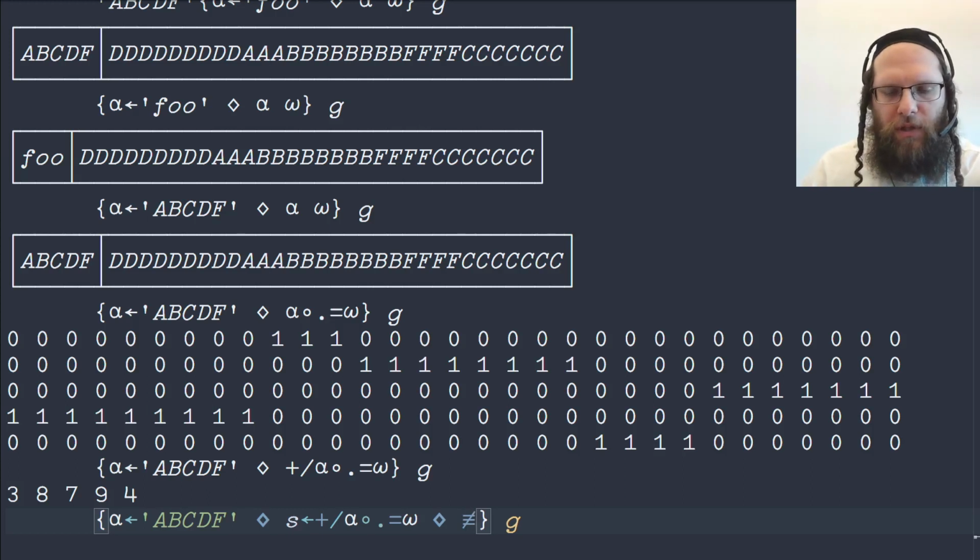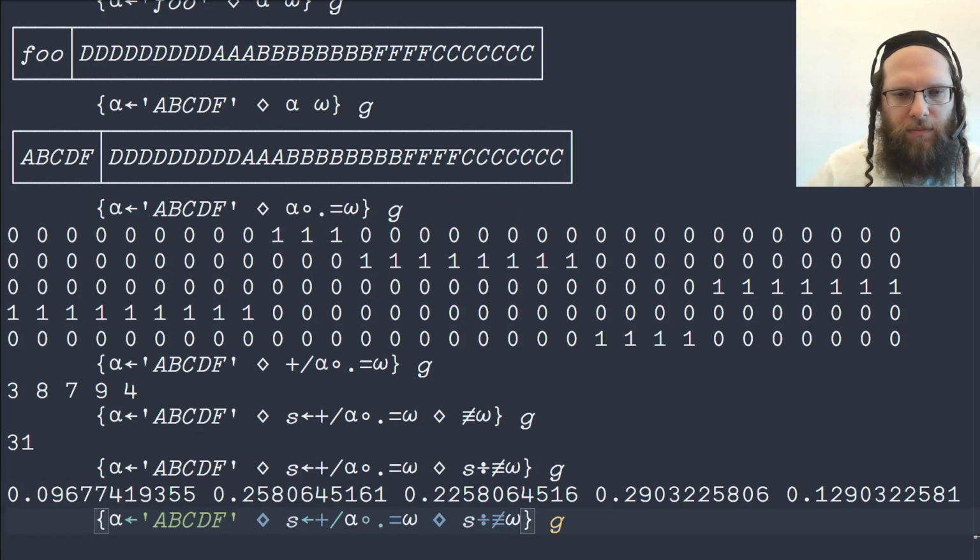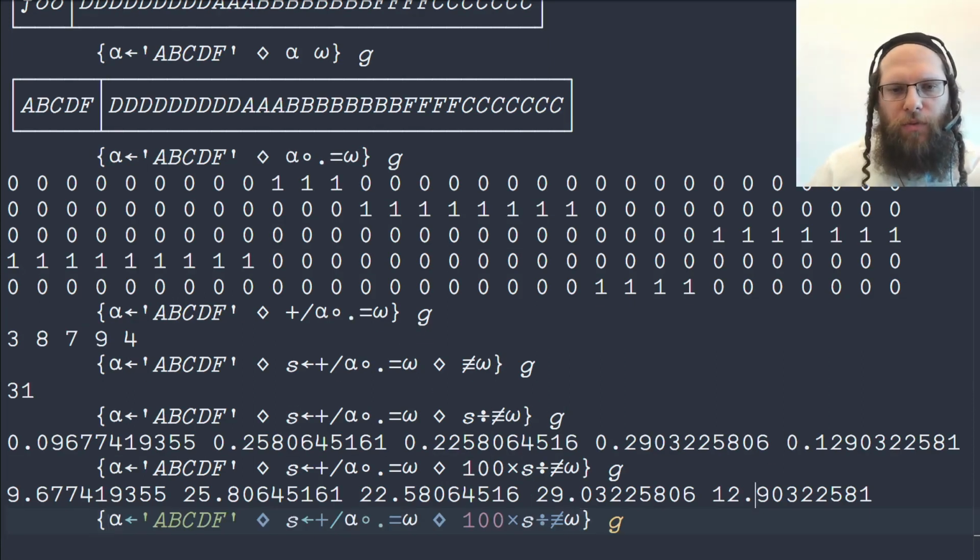We can use the tally mark to tally the number of elements in the right argument. Then we can take the sums and divide by that, giving us fractions. In order to get percentages, we want to multiply by 100. And then we want to round off to a single decimal.